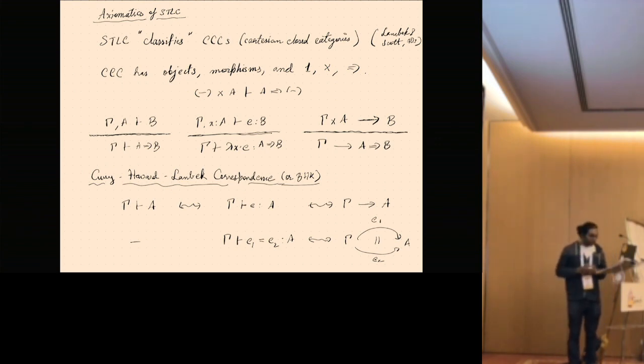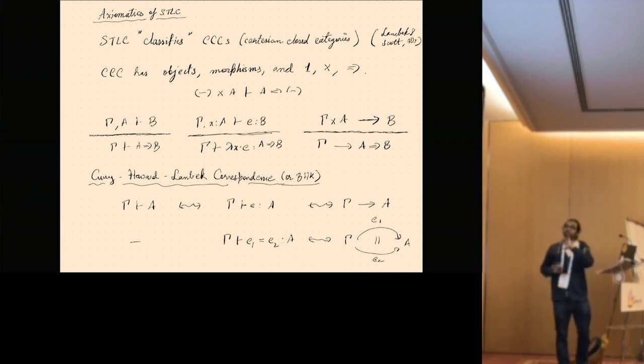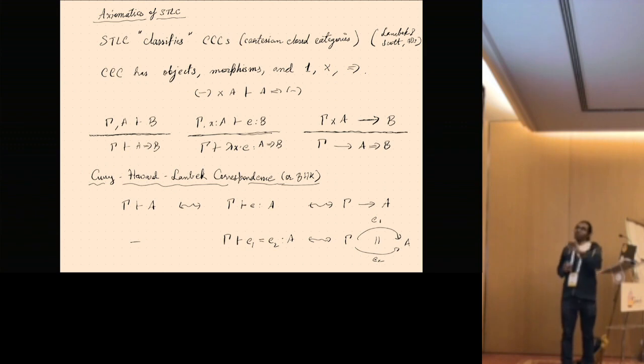So now I'm going to use some category theory, but I'm not going to talk much about concrete categories. I'll just vaguely tell you what Cartesian closed categories are. They have objects and morphisms, and Cartesian closed means you add some more structure, which is just enough to interpret the lambda calculus.